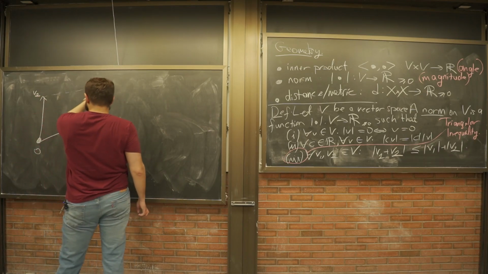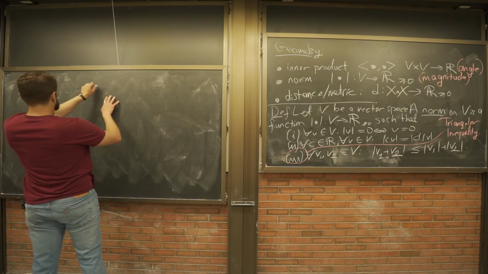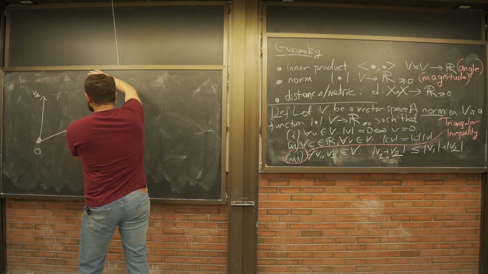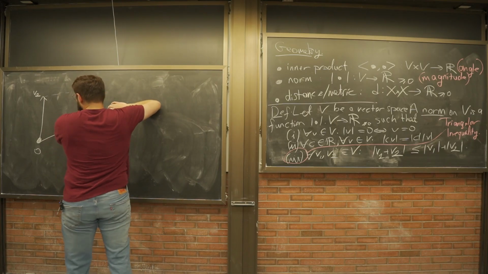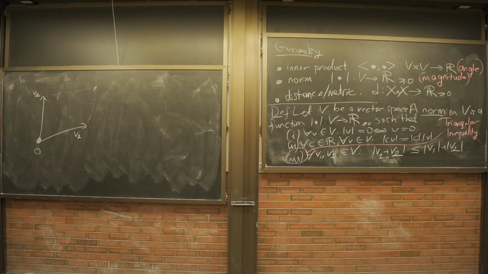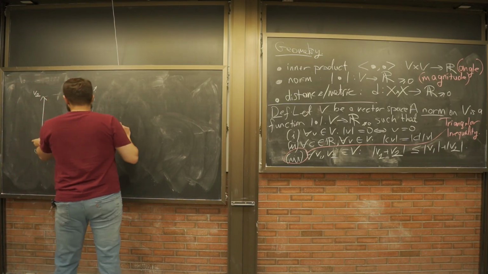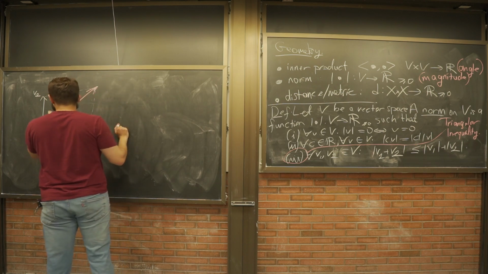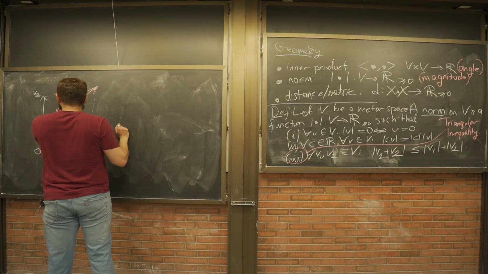So I'm looking at this parallelogram. I just took this vector, translated it over here, and so this is supposed to be V1 plus V2. This is the vector V1 plus V2.